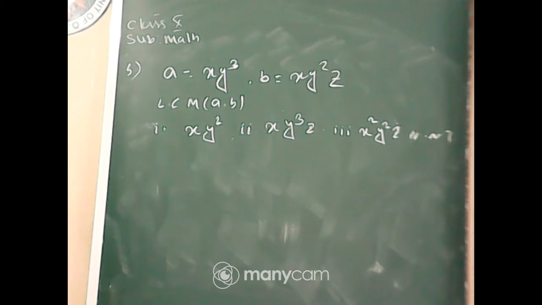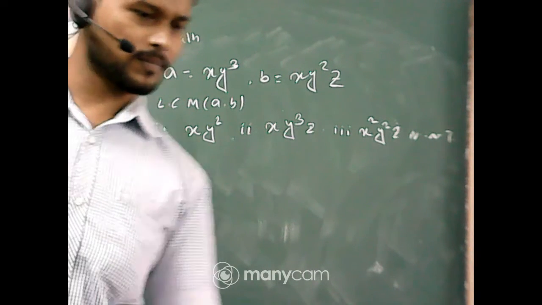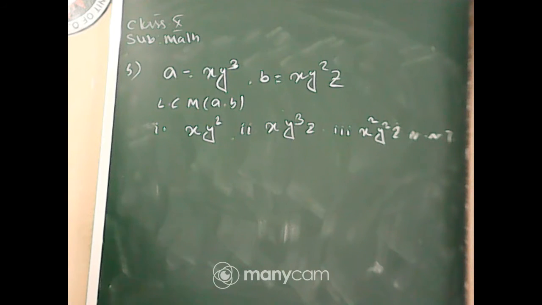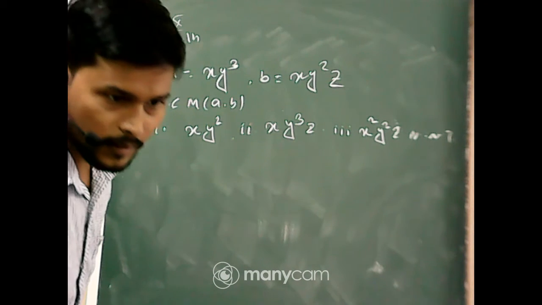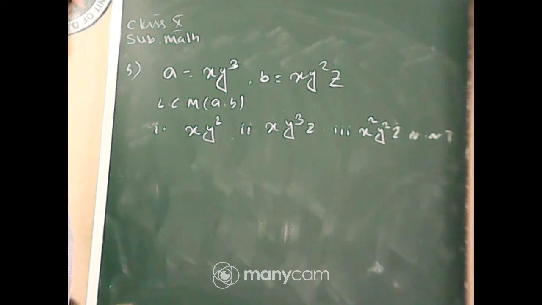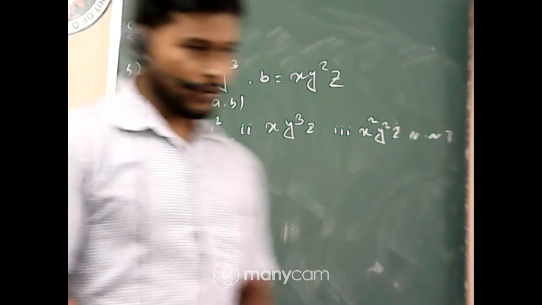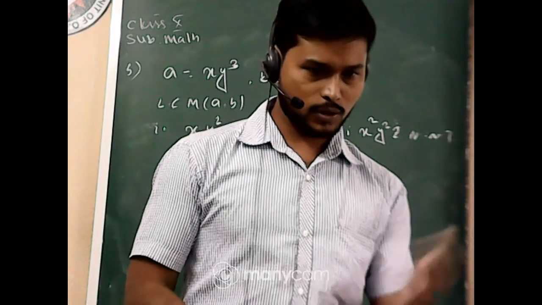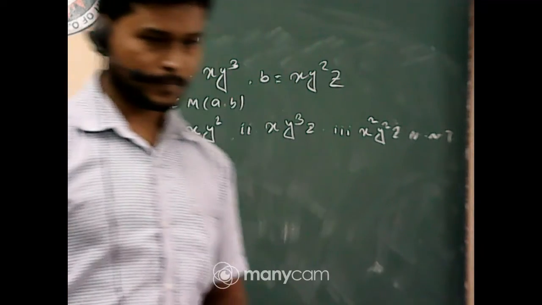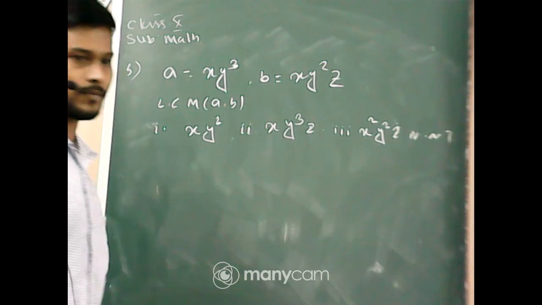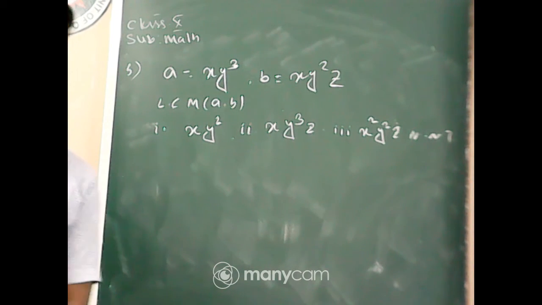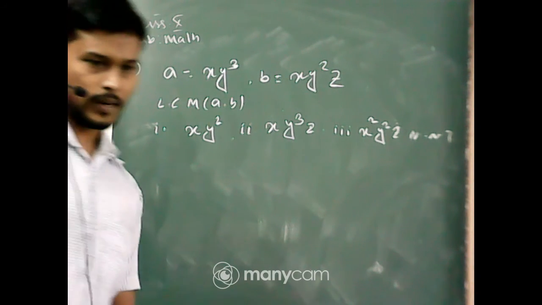So in that case what will be the answer? One student has given the answer B. Let's wait for a few more answers from your side. Quickly give the answer.